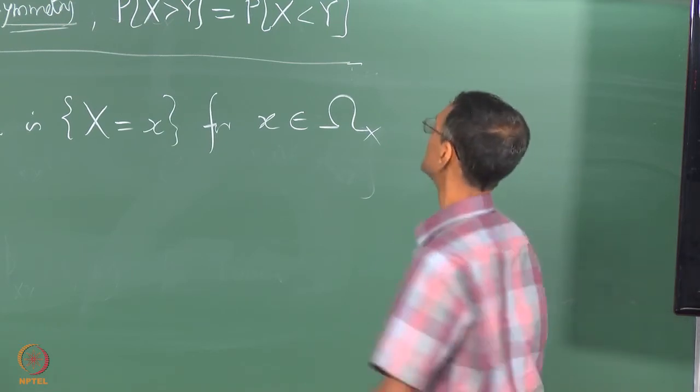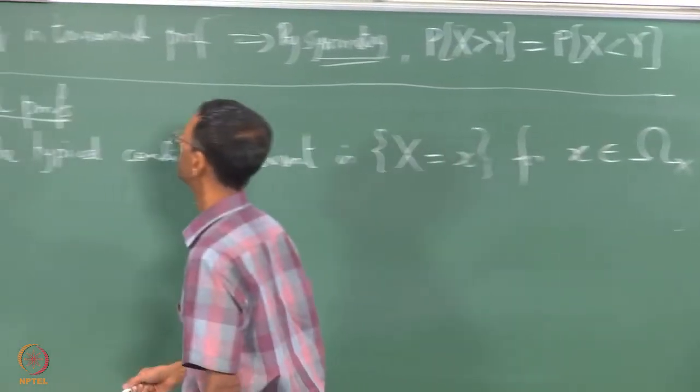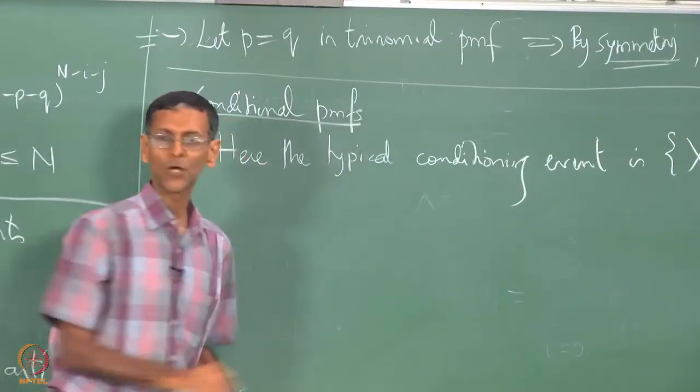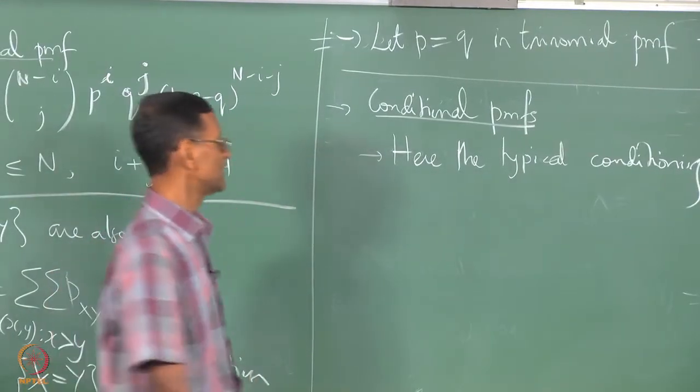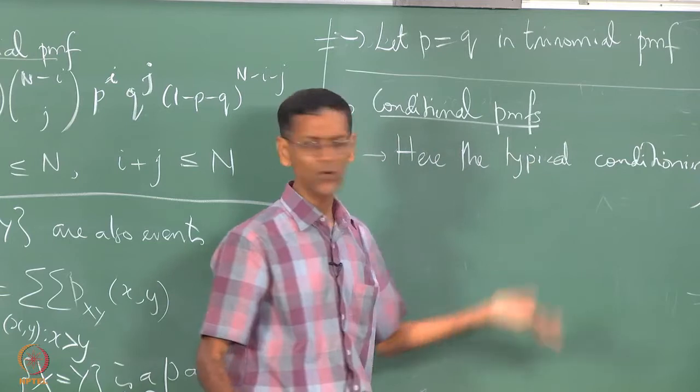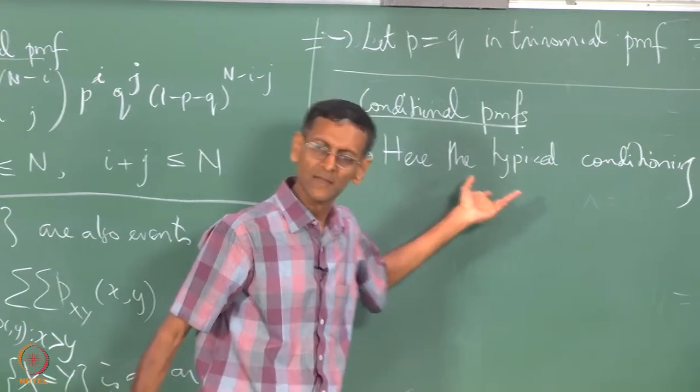So you define, here I am talking of a situation involving two random variables, so this is what we take, or of course Y equal to y is also equally right.